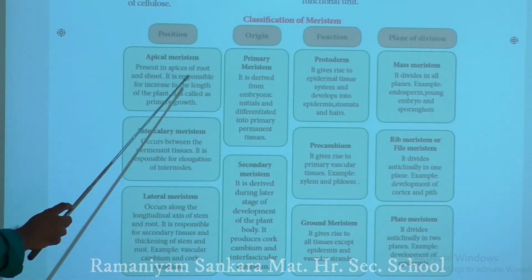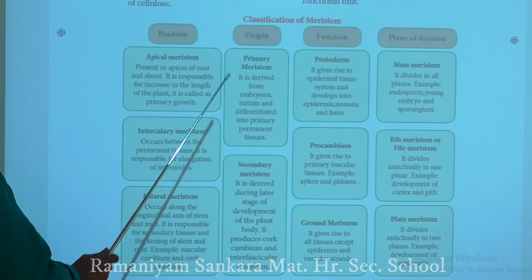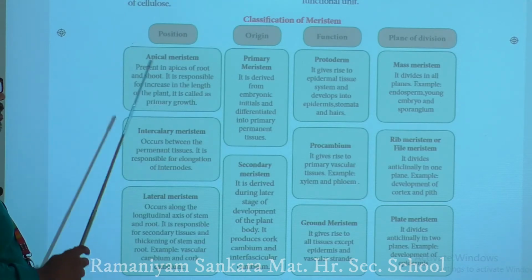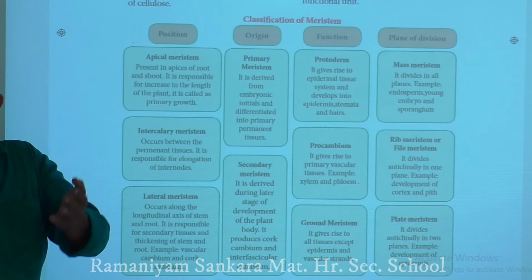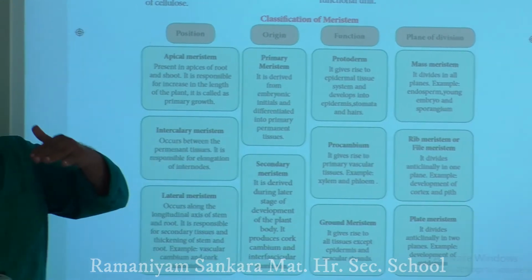Apical meristem is present in the apex of root and shoot, so both are the same regions only. It is responsible for increasing the length of the plant. So the length of the plant increases, that is very important. These regions are divisible, so they divide and develop into height.